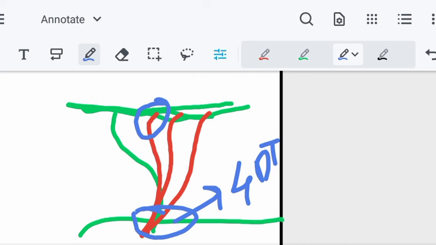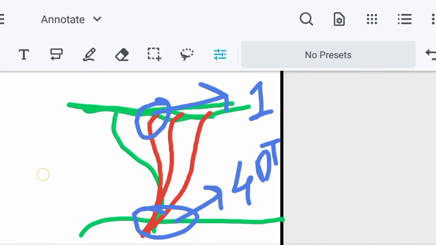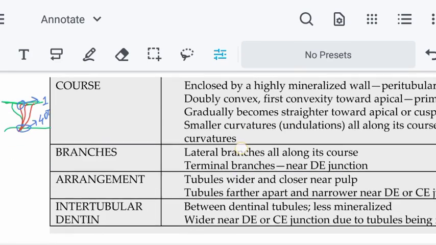So it is also called the 4:1 ratio, right? Understood? Okay.